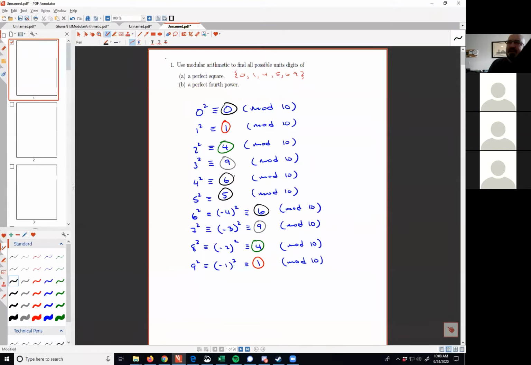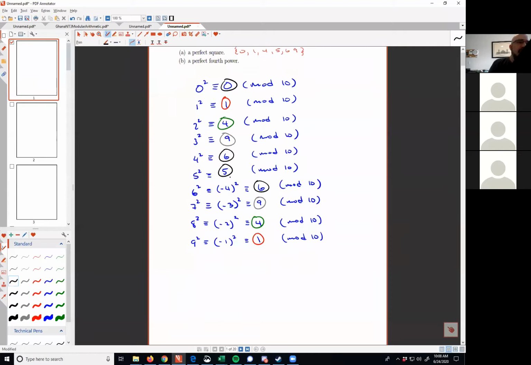And one nice thing about this is we now only need to square the results of our squares, because any number to the fourth power is the square of a square. So if we take the units digits that were answers from A and square just those, we should get all the units digits that could possibly be for a perfect fourth power.